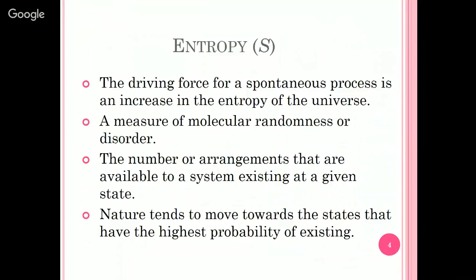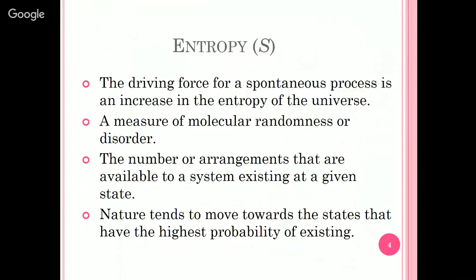And entropy simply measures molecular randomness or disorder and the number of arrangements that are available to a system existing at a given state. So an easy way to think about this, if you have 10 pennies, and you arrange the pennies in all the possible ways that they can be arranged, heads up or heads down. There's only one state where they are all heads up.